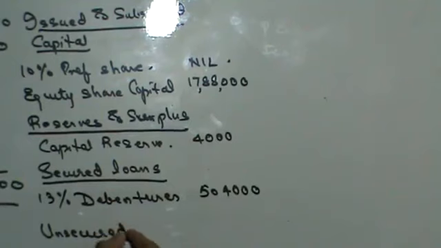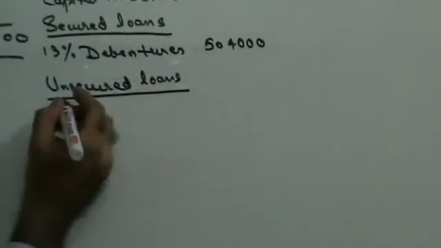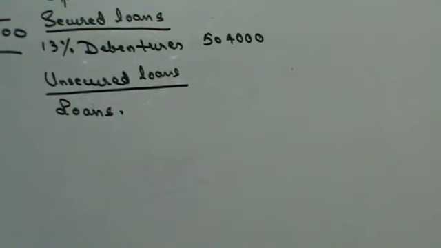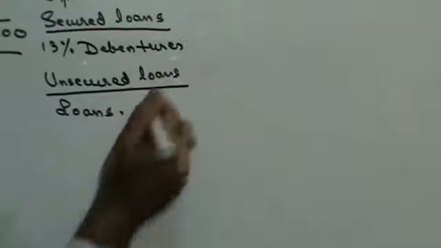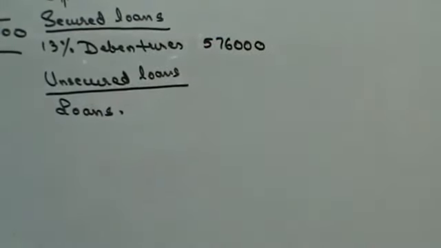Then you have unsecured loans. Right? In unsecured loans, you have loans. How was 5 lakh 4,000? 4 lakh 80 plus another 24. So that is equity share 96,000. Okay. So 5 lakh 76,000. Okay. Loan. In this case, loan is going to be nil, right?